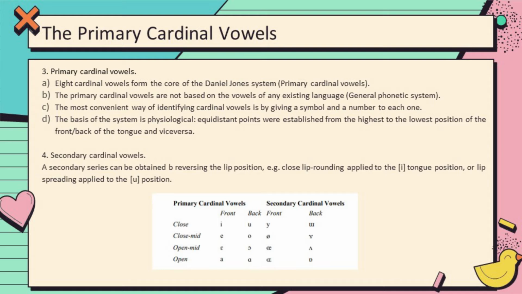The basis of the system is physiological equidistance, points were established from the highest to the lowest position of the front or back of the tongue and vice versa. Fourth, secondary cardinal vowels. A secondary series can be obtained by reversing the lip position, like close lip rounding applied to the E tongue position, or lip spreading applied to the U position.